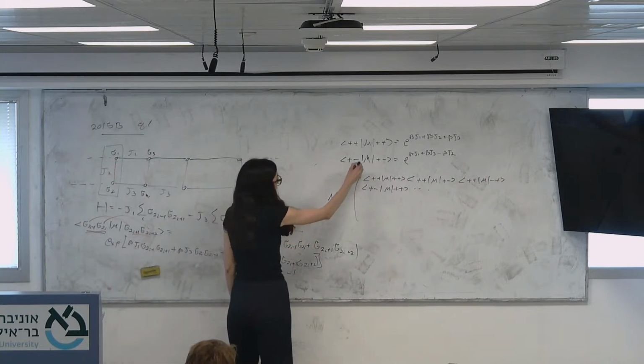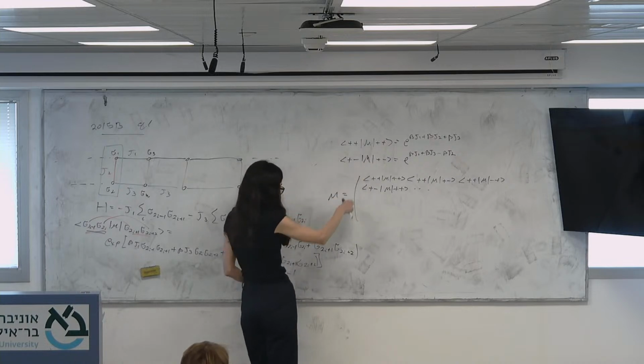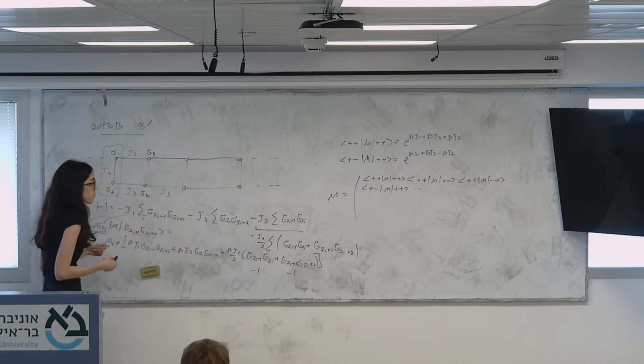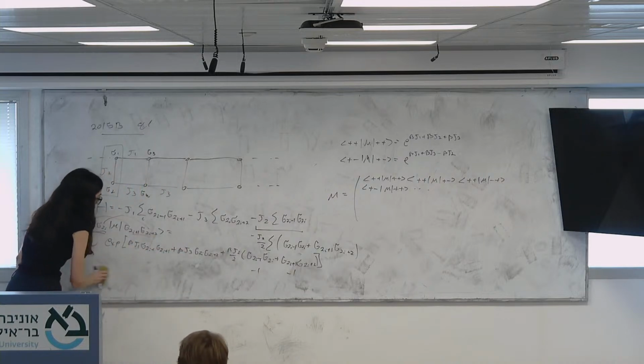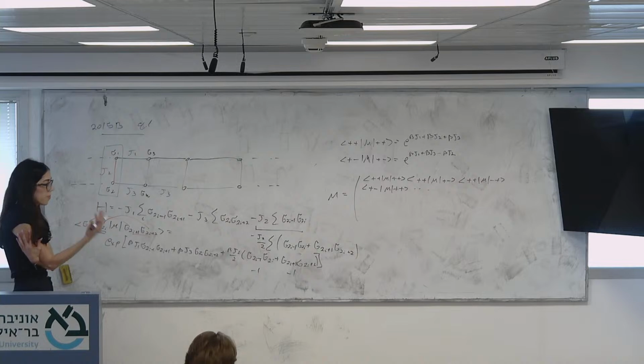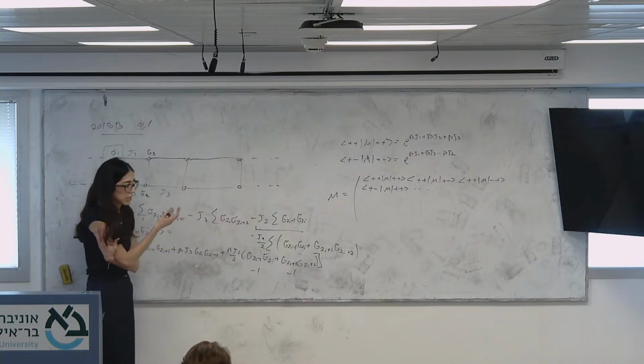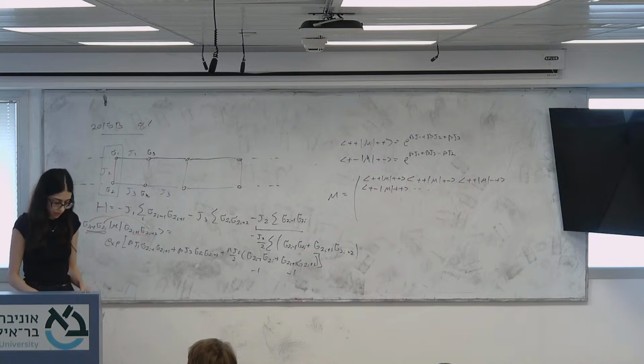If this would be plus, then overall it gives me 0 because I have 1 and -1. Okay, so that was one question. It's not very fun, but after you solve a few similar questions, you understand the general concept.